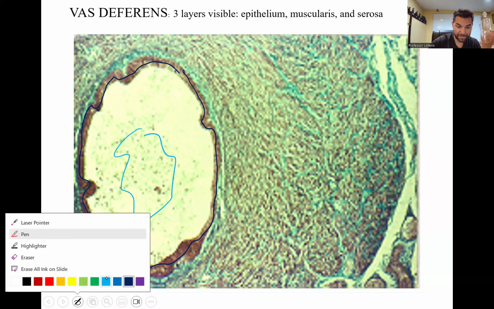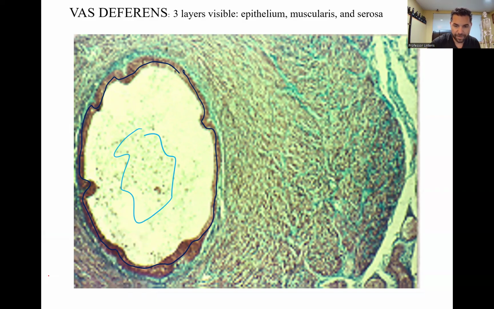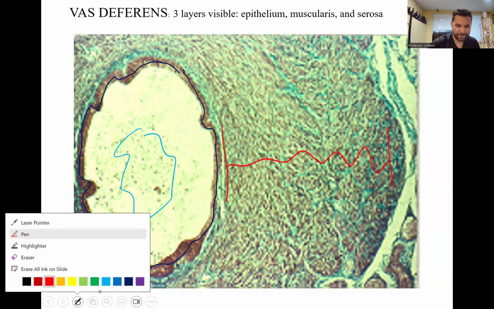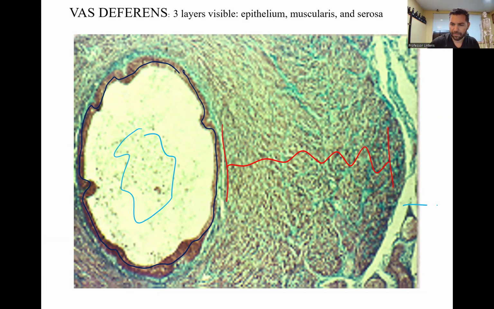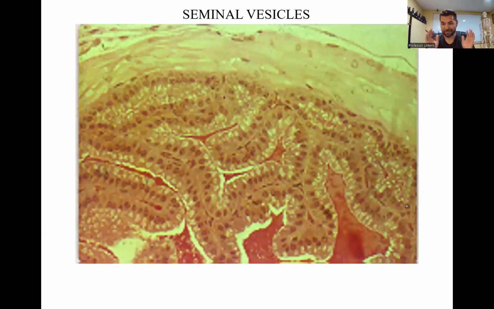You have muscle, obviously, because the vas deferens has to move this sperm through, and that muscle will be this layer here, all that darker stuff. And then the serosa is just the outside layer. You don't have to stress about that, but that would be that lighter color towards the outside. So again, this slide is the vas deferens, and we have 3 different layers of it, as well as sperm in the middle.